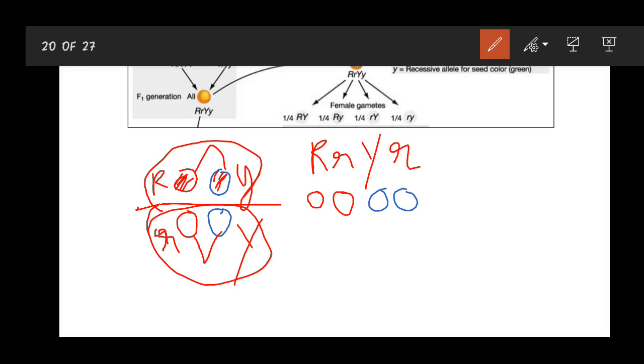And that independency results in the generation of 4 different gametes as shown here. From this particular parent you have 4 different gametes, and here you can see the independency where capital R is assorting with capital Y, and capital R is assorting with small y. Pairing is actually a wrong term.